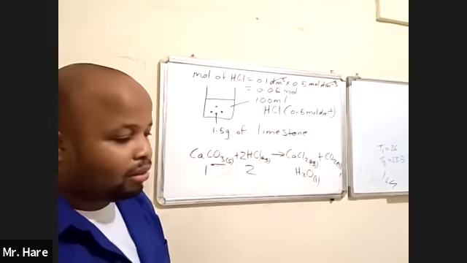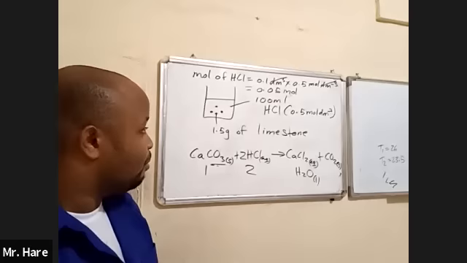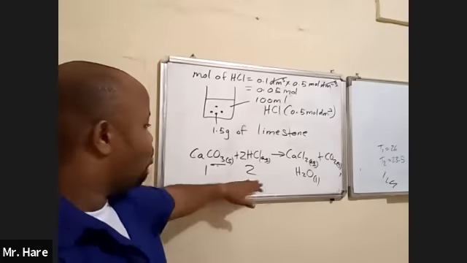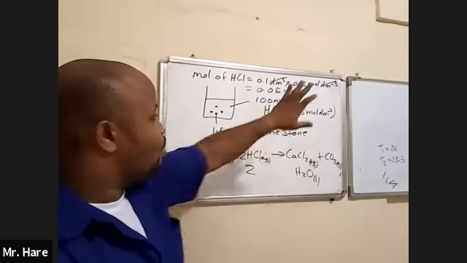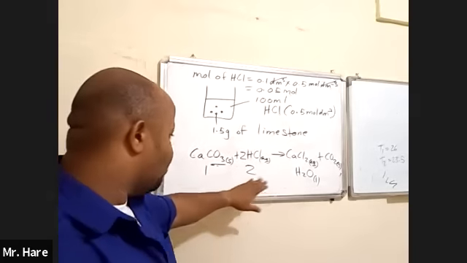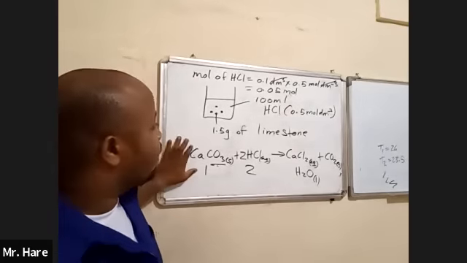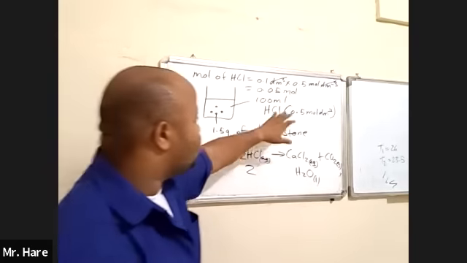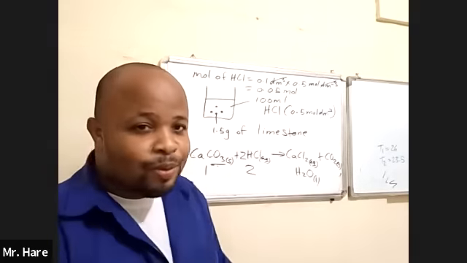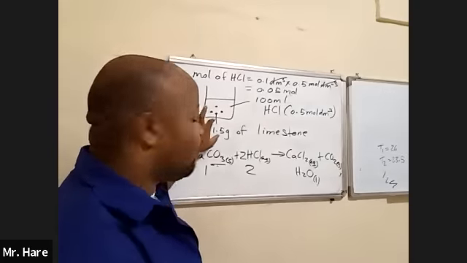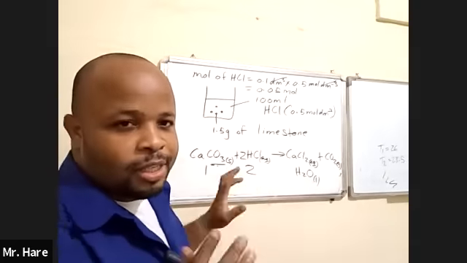So the point is, how do we proceed from here? We know that once we know the moles of HCl, we can use mole ratio and find the moles of calcium carbonate. But the problem is we use too much HCl, so we don't actually know how much reacts with the calcium carbonate. We understand so far?